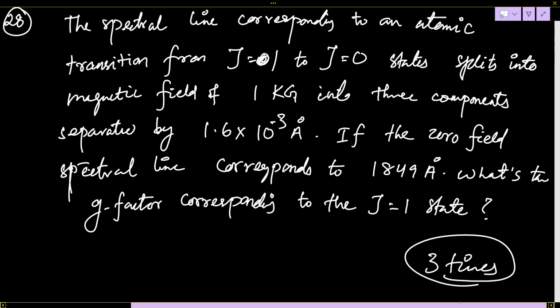If the zero field spectral line corresponds to 1849 angstrom, what is the g factor? So the Landé g factor is asked, corresponding to the J is equal to 1 state. So the magnetic field is given.